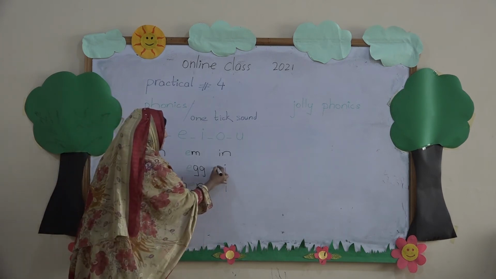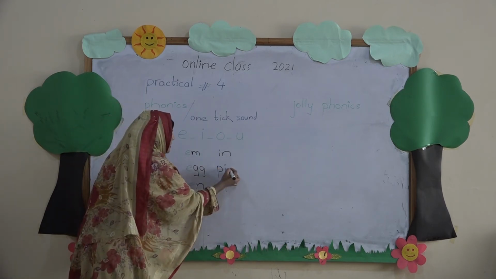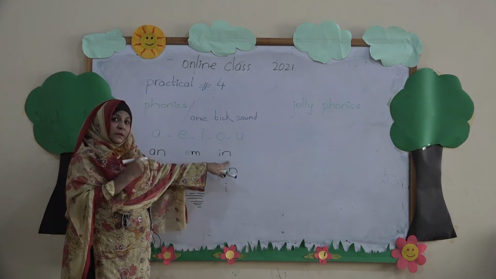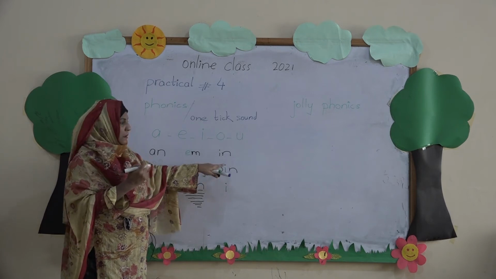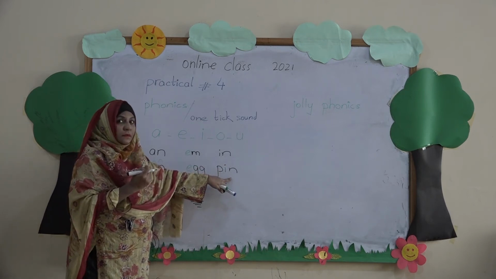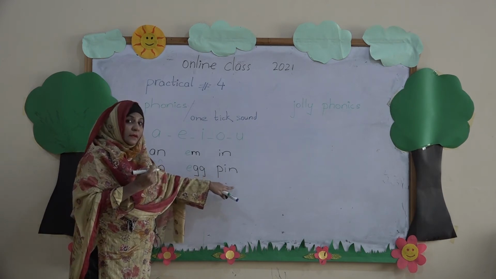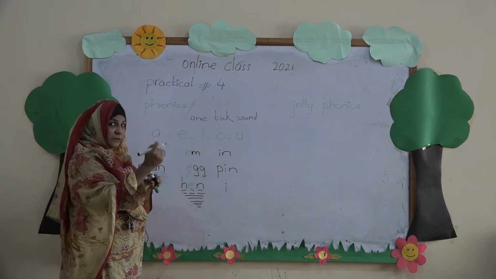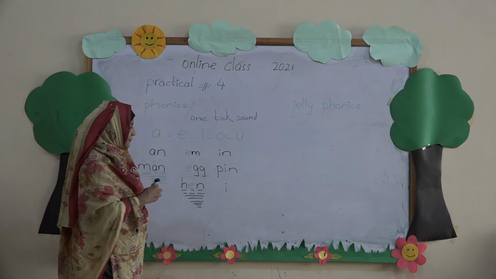P, P with E, and then the same with I: in, P, I, P, in, pin. In your further practicals, you will see how you're going to read this again and again.